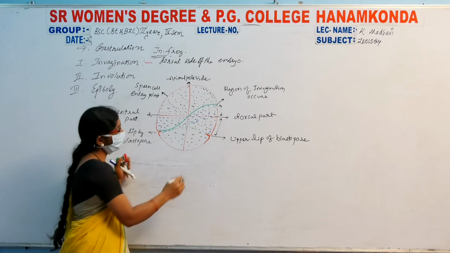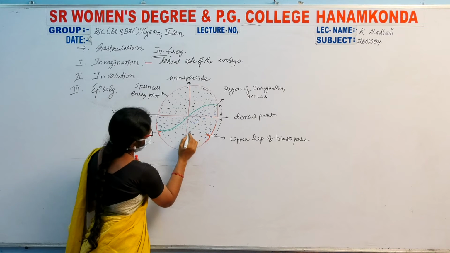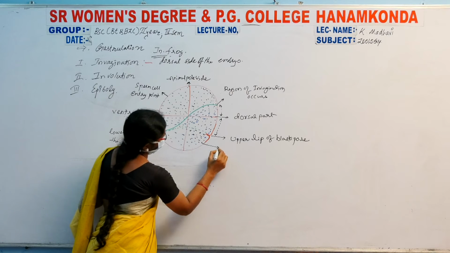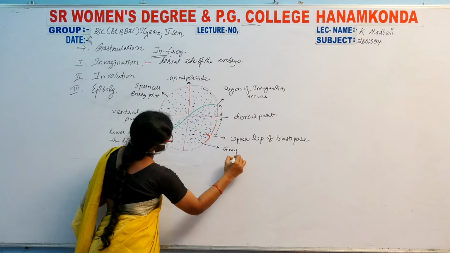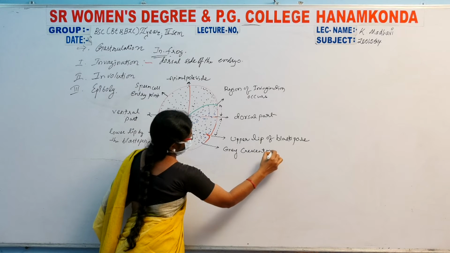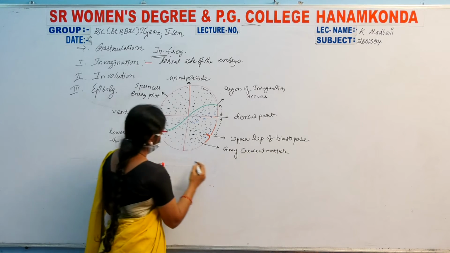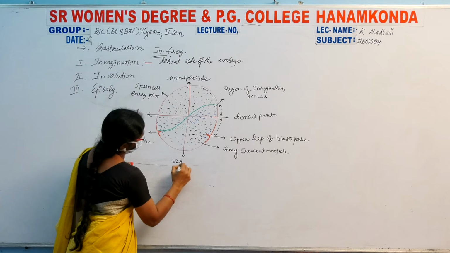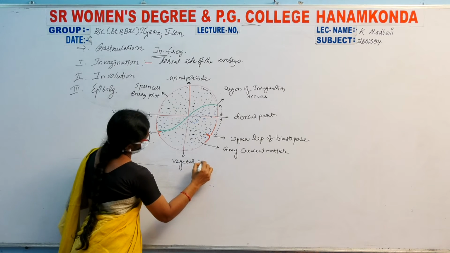And next one, here this matter is known as the gray matter. This total matter is known as the gray matter, the gray crescent matter. And next, this is the animal pole, and this indicates the vegetal pole. Vegetal pole.